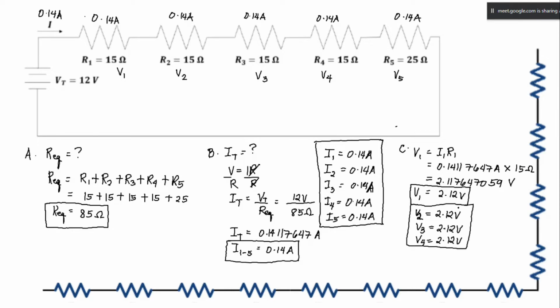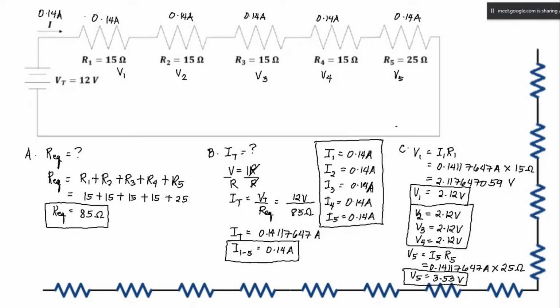Next, for the V sub 5 naman, so I sub 5 times R sub 5. So, ang I sub 5 po natin, it's 0.14117647 amperes times R sub 5 po natin is 25 ohms. So, our V sub 5 now becomes 3.53 volts. And this is for our V sub 5.